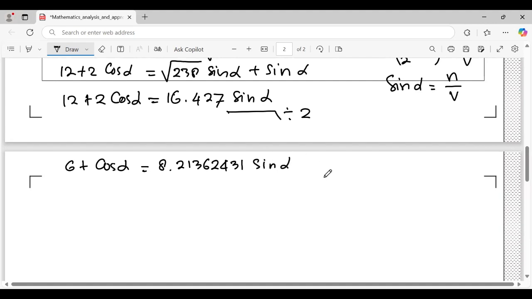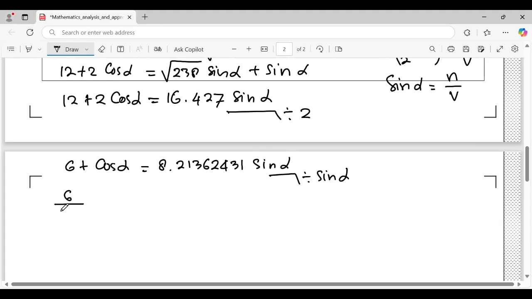Sine alpha. Wait, I will check on my calculator first. Okay, correct. And after that, divided by sine alpha.